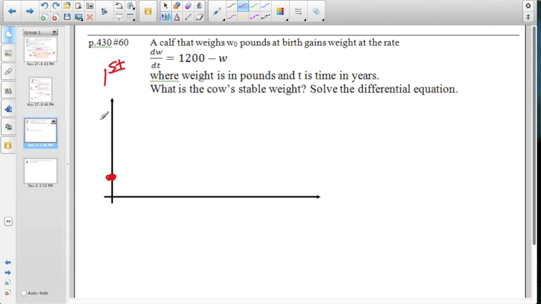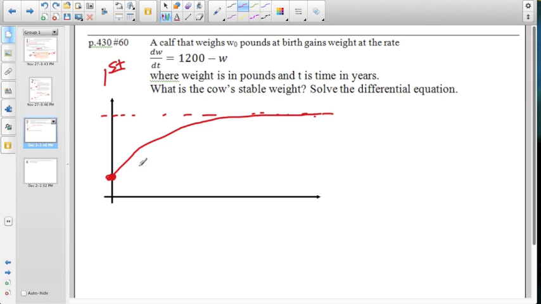And we know we have some asymptotic behavior here, and we'll figure out what that asymptotic value is. And so we know we have something that smoothly approaches that asymptotic behavior. Let me try to draw that a little better. That's about as good as I can get it. That smoothly approaches that asymptotic behavior.